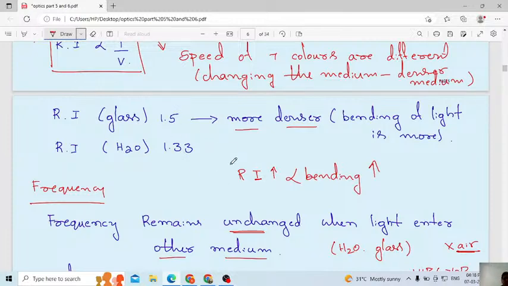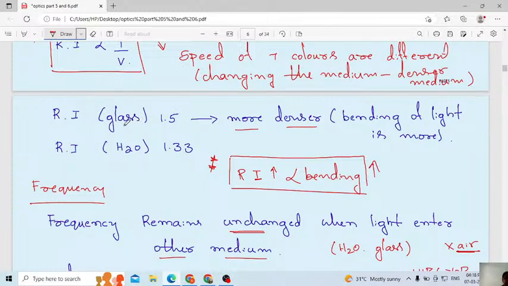Then one more important thing here: refractive index is directly proportional to bending. What is meant by bending of light? The refractive index of glass is more than that of water. Therefore, when light enters from glass to water, the bending in the case of glass will be more.